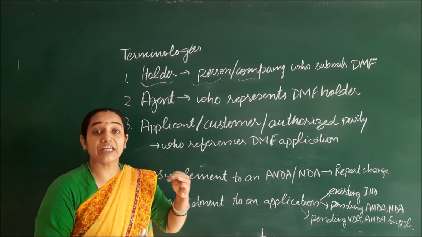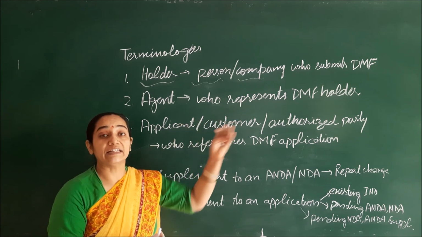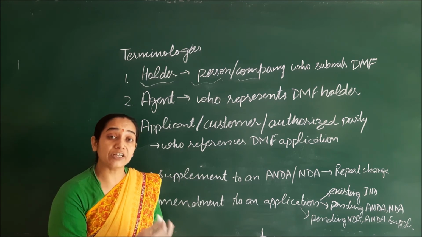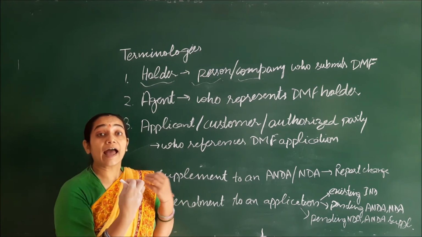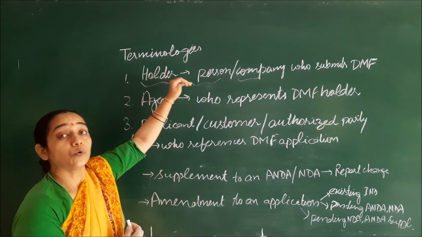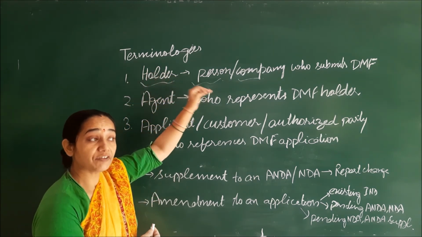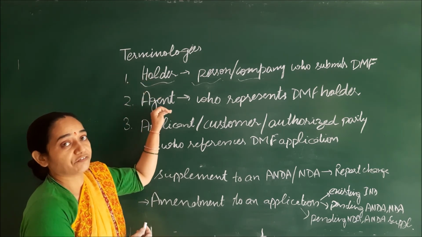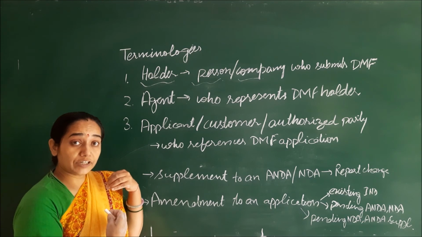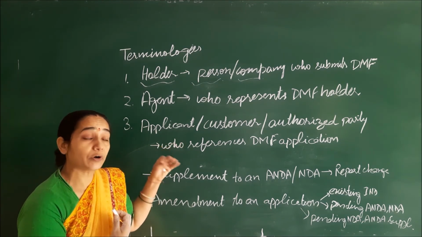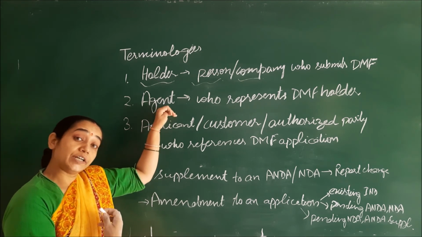All the communications will be made by me to make the amendments, to make the changes, or if they require a particular piece of information, then I will do that. Then I will be an agent. So the holder is the one who has the authority of the DMF, and it is not necessary that the holder and agent be different. If I am the holder of this DMF, and I am communicating for all the correspondence, then I will be the agent also.